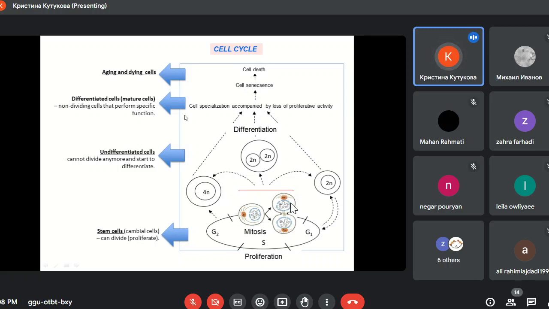So, what does specialization mean? Specialization means that the cell has some specific organelles or some specific features of ultrastructure that are needed to perform the specific function of a cell.